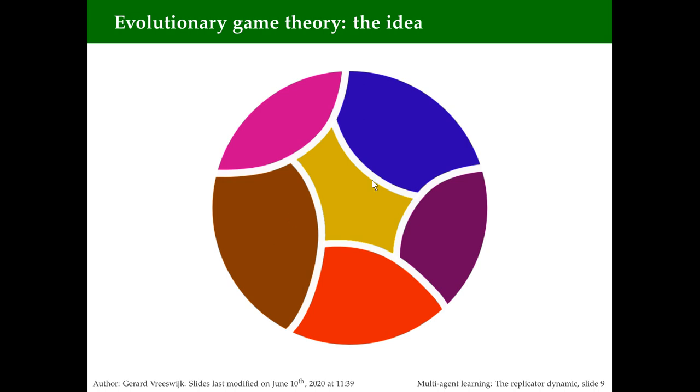But that's the idea. And according to the success of the species, the proportion of those species will grow or shrink. So if yellow is quite successful against blue, pink, purple, orange, brown, and so on, then the proportion of yellow will grow at the cost of the proportion of the competing species.